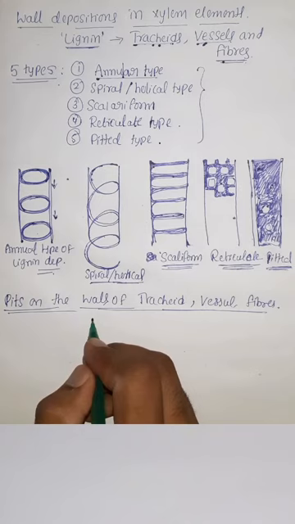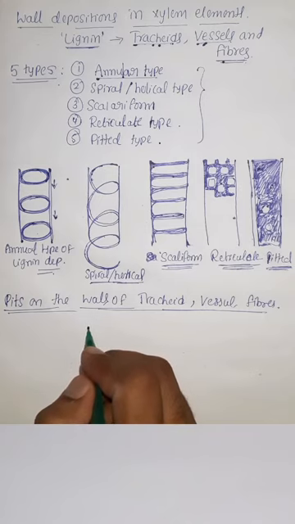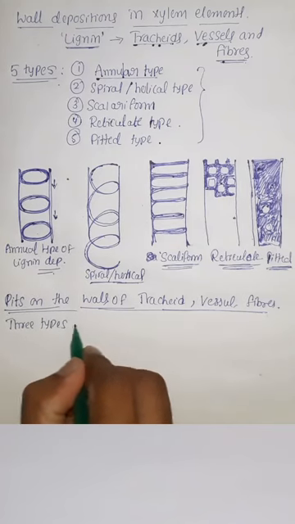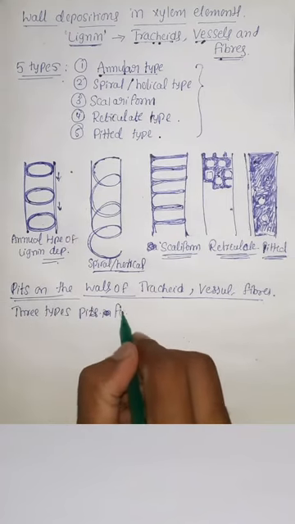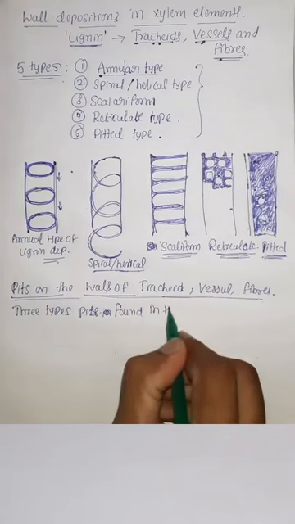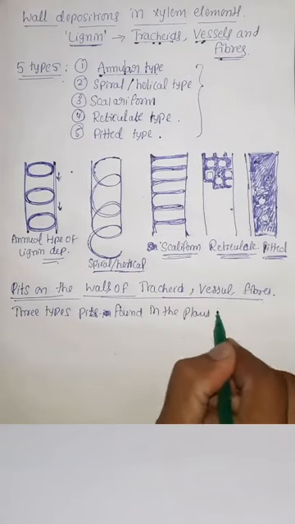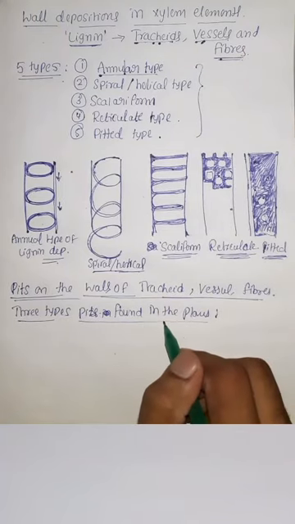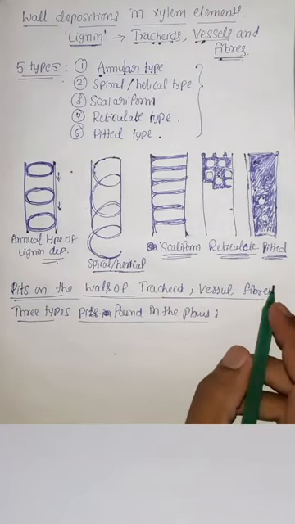These pits also vary from one plant to another plant. There are three types of pits we can see in plants.